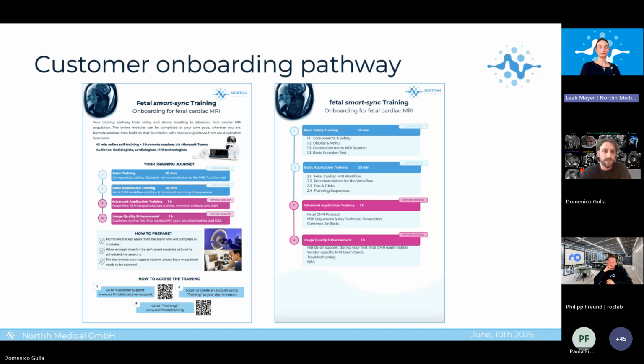It shows the entire onboarding steps for fetal cardiac MRI, and the journey comprises basic application training that clinicians and technicians can do easily, remotely, online through our webpage, and then the advanced step with advanced application training and image quality enhancement, also explaining a little bit more what each step includes.